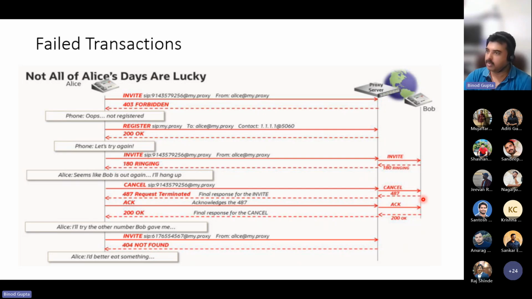One is 487, wherein it says the request is terminated because you asked for cancellation, and it will also send out 200 OK for this CANCEL message. Because 487 was sent out, there will be a respective ACK for this. So please note that this ACK is for the 487 Request Terminated message, and this 200 OK is for the CANCEL.